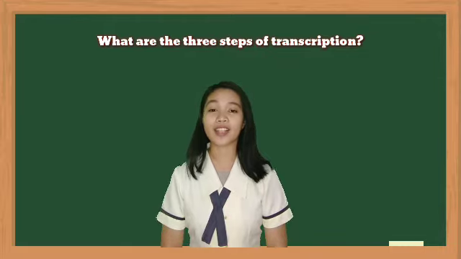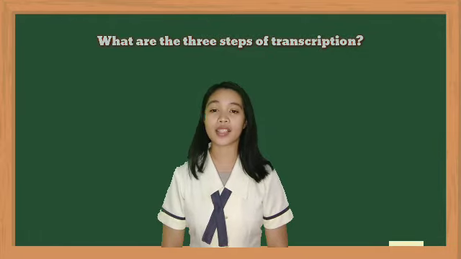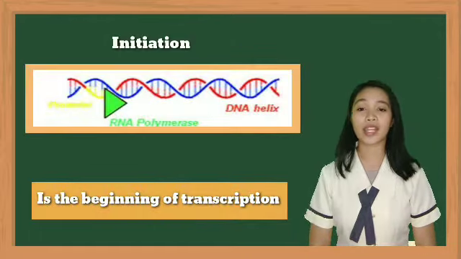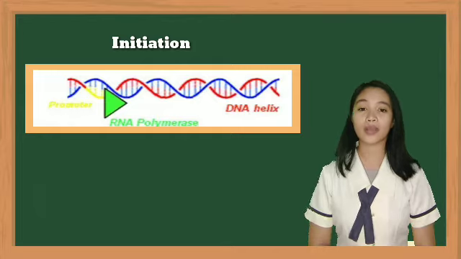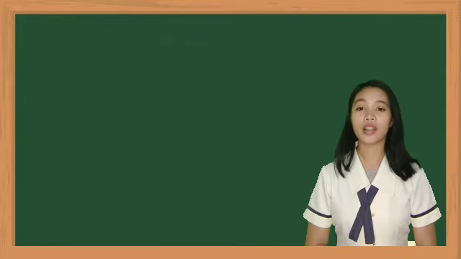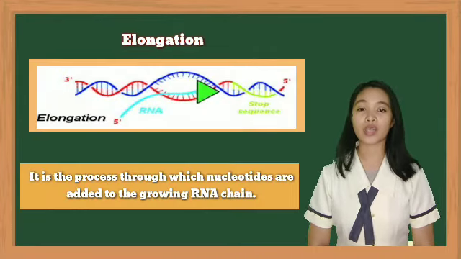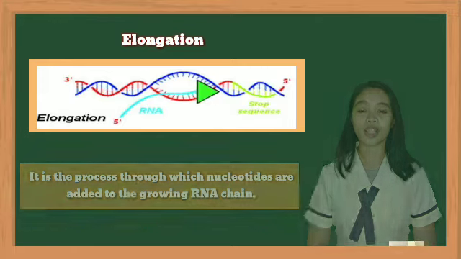Very good. The 3 steps of transcription are the initiation. It's the beginning of the transcription. It occurs when the RNA polymerase binds to a region of the gene called the promoter. Next is the elongation. It is the process through which nucleotides are added to the growing RNA chain.